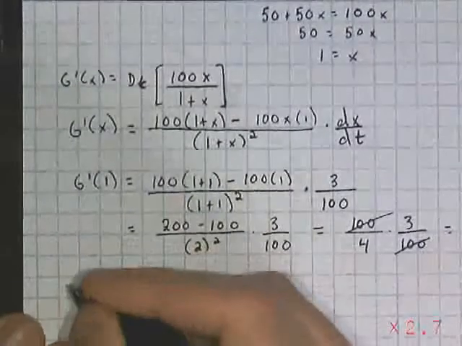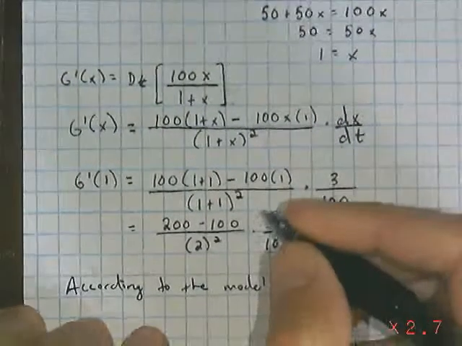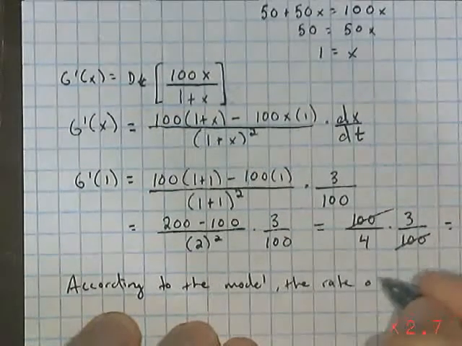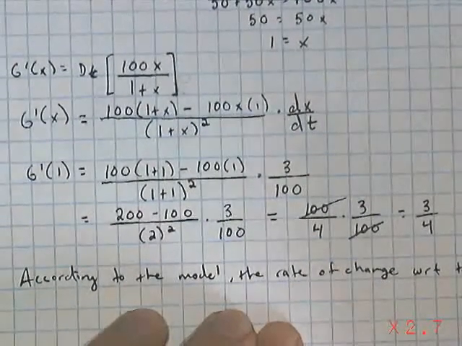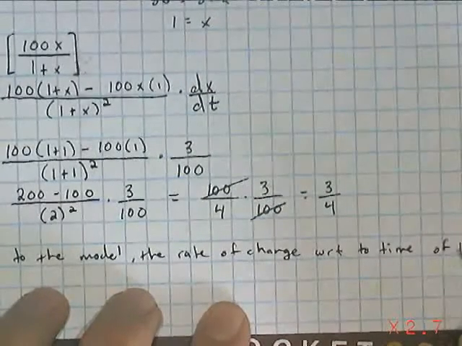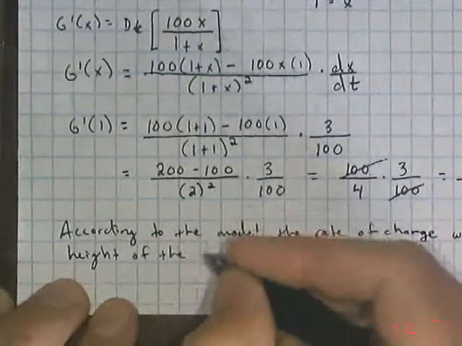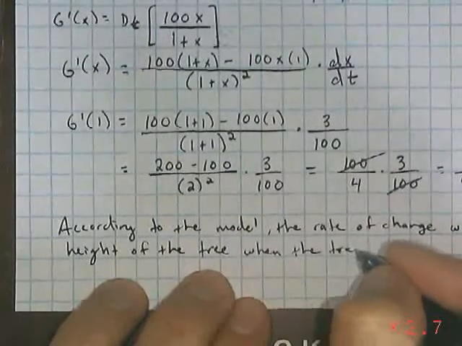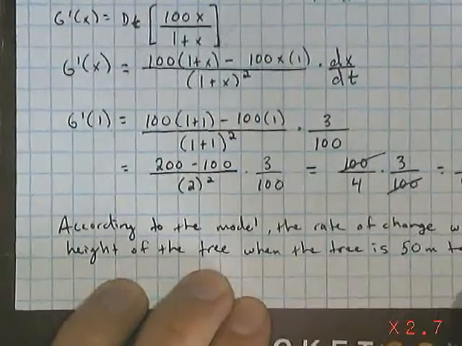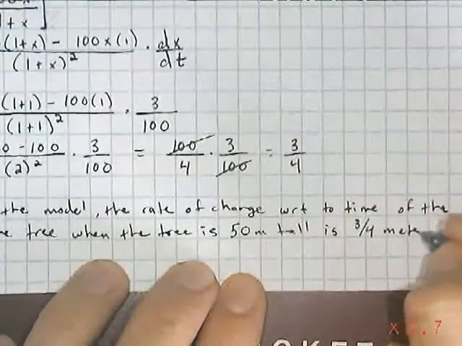So according to the model, the rate of change with respect to time of the height of the tree when the tree is 50 meters tall is 3/4 of a meter per year. Box that.